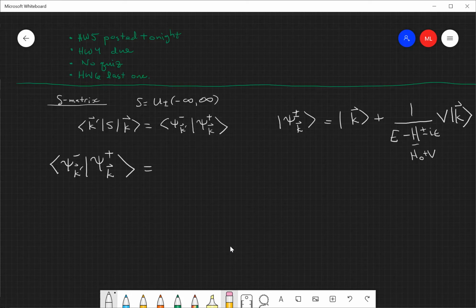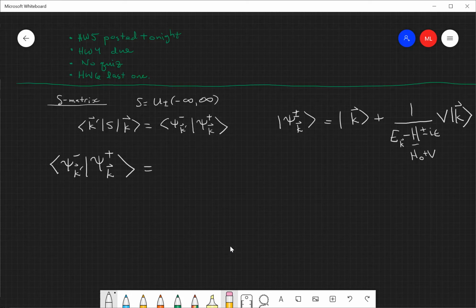The first thing to do is expand the energy, and it's worthwhile to put a little k label on it, to remind you which k the energy is associated with. So let's start calculating this inner product.